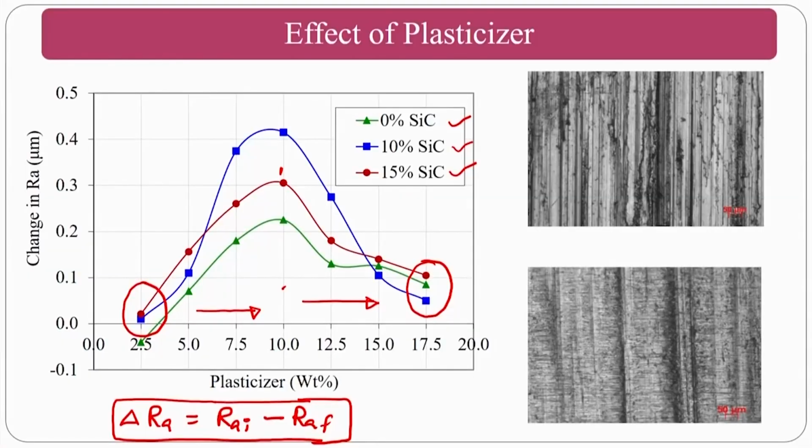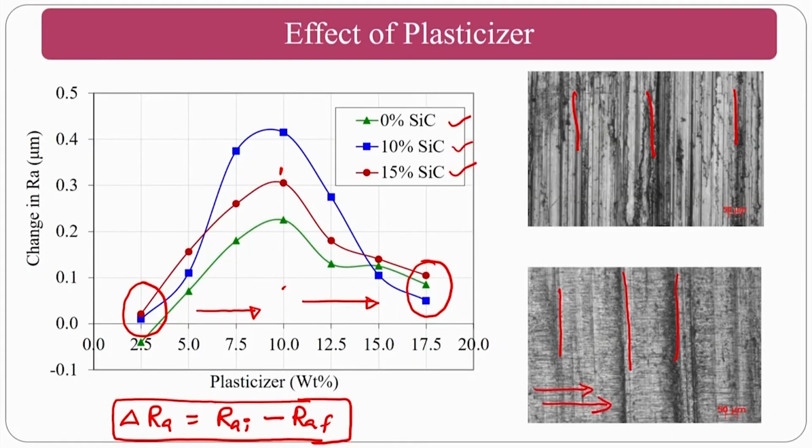As you can see, these are the grinding marks and the medium is just flowing on top of it rather than shearing. That is why you can see dominating lines here and very, very small marks of abrasive flow finishing. Instead of abrading the surface, it simply flows because you have too much plasticizer.